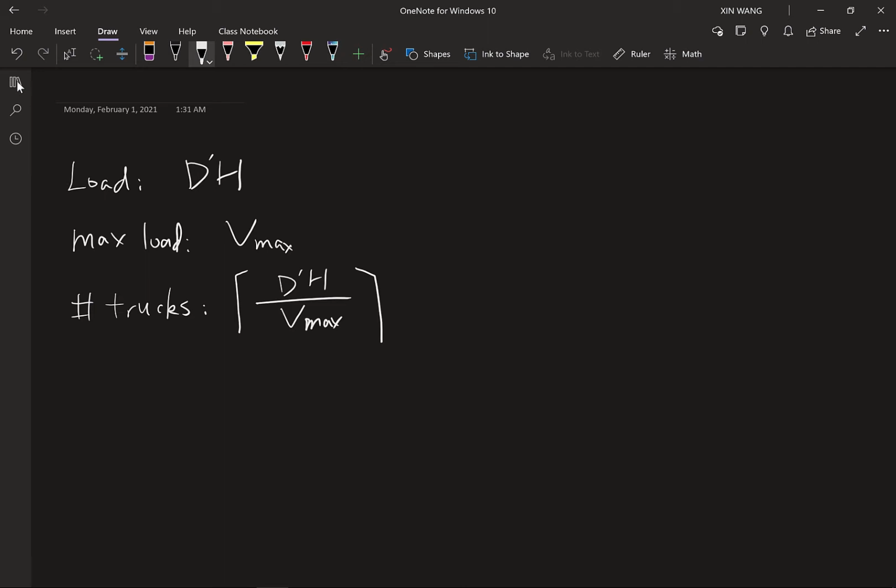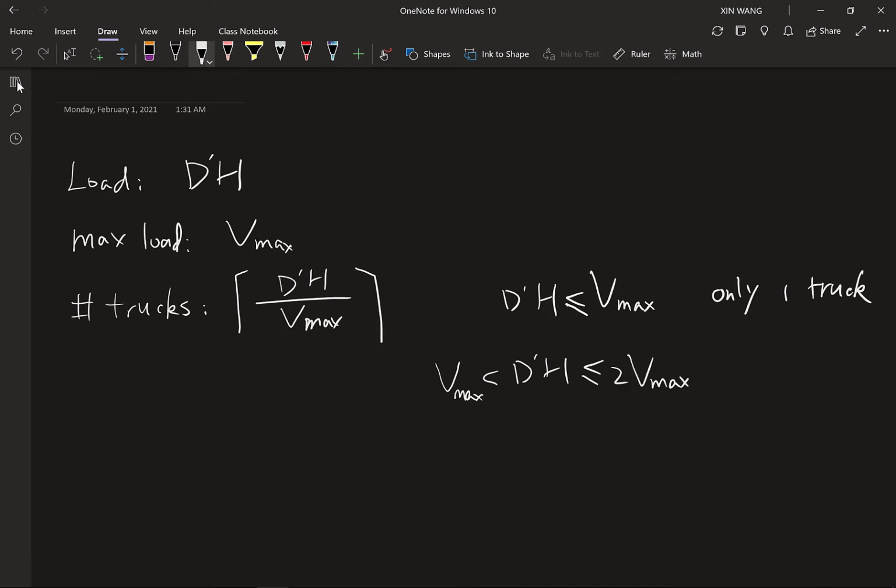For example, if the load is smaller than V max, we need only one truck. If the load is higher than the max load but smaller than 2 max load, then we need 2 trucks, and so on.